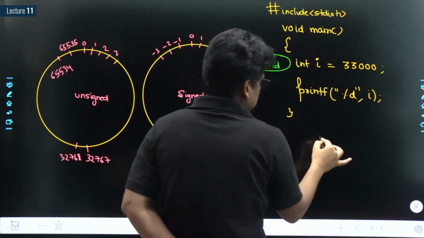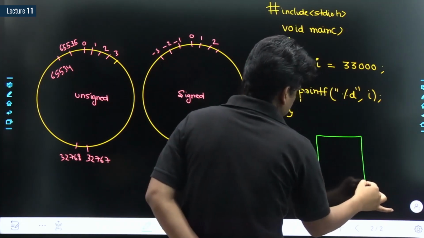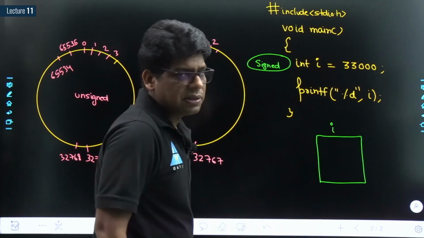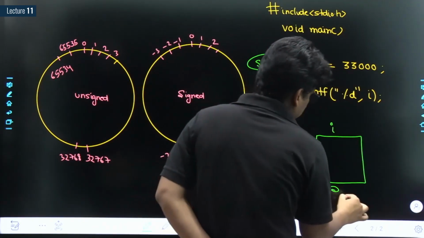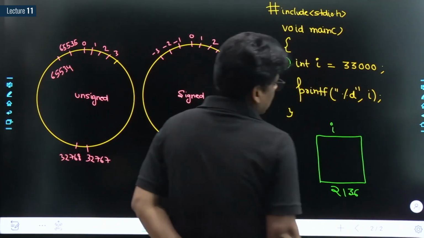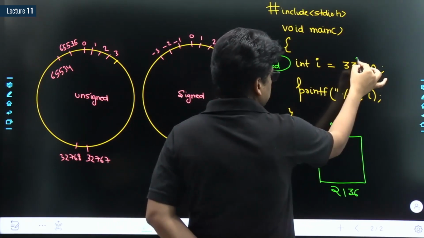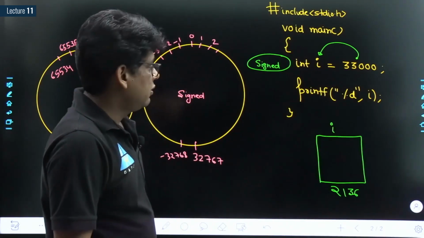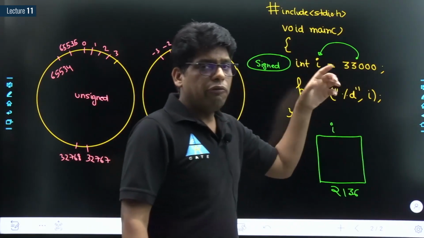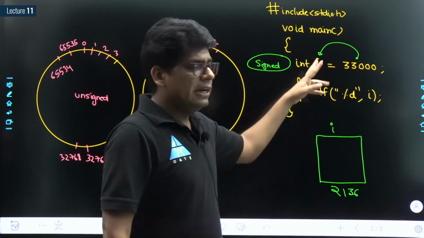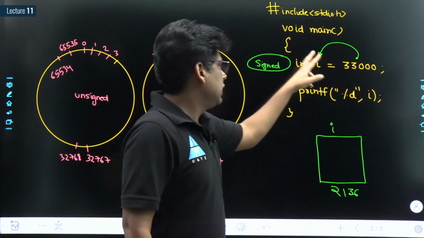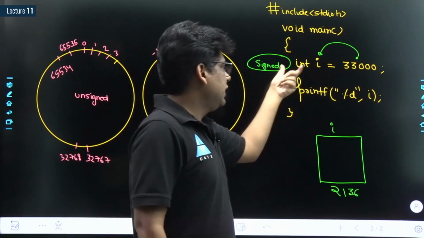Okay, sir. A variable with the name I, some identifier I, is created in memory with some address, and we are trying to store this value inside it. First, we need to check whether this value falls in the range of signed integers or not.